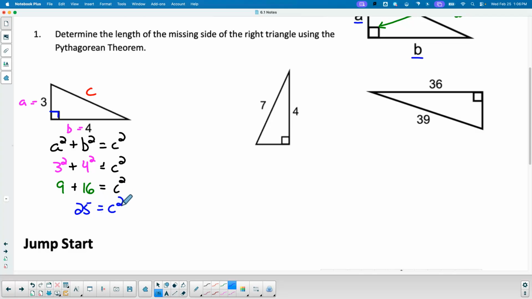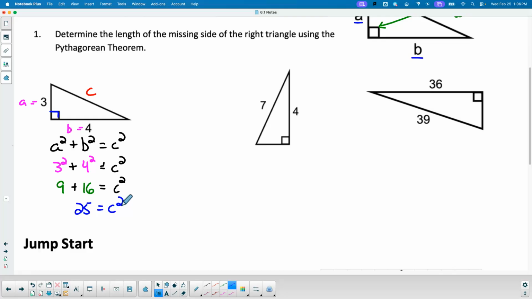And how am I going to solve 25 equals c squared for c? Whatever two things multiply each other to 25 with the same number. So if it's like 5 times 5 is 25. Do you know what you just described? Do you know what we call that process? No? Anybody?